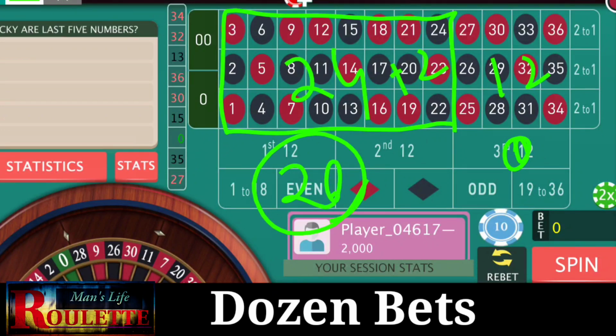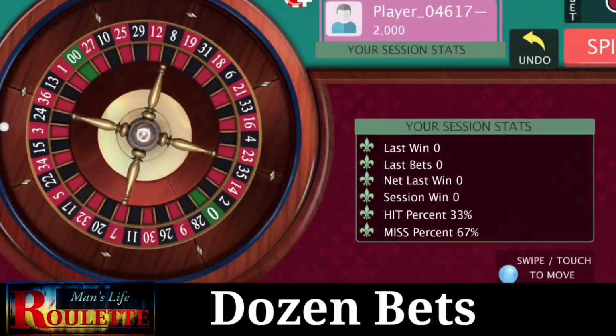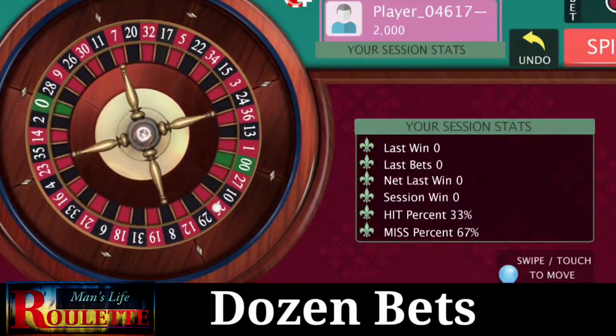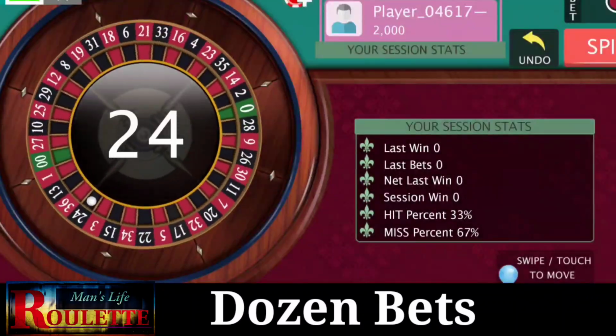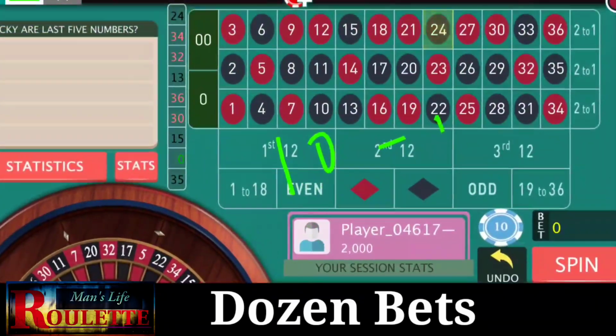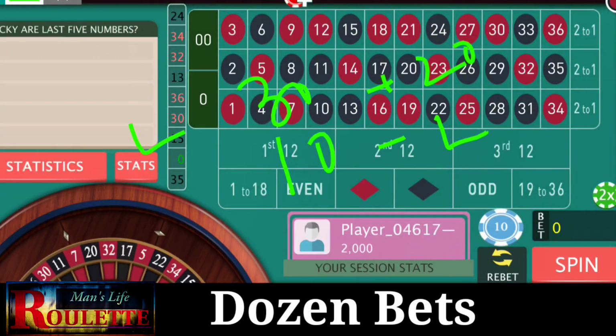And after every winning spin, you have to decrease by 1 unit. So if you are starting from $10 and you lose this spin, then your next bet should be plus $20. That means $30. If you lose this one also, then your next is again plus 20. That is $50.